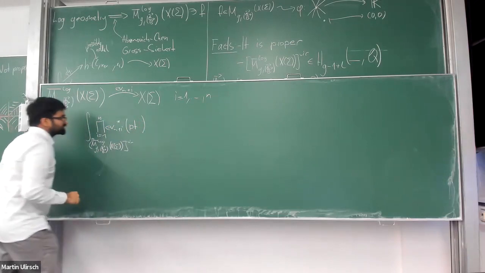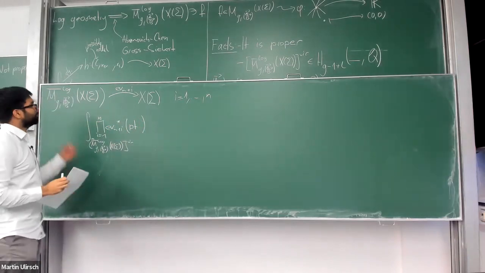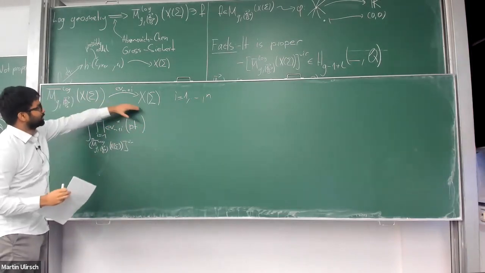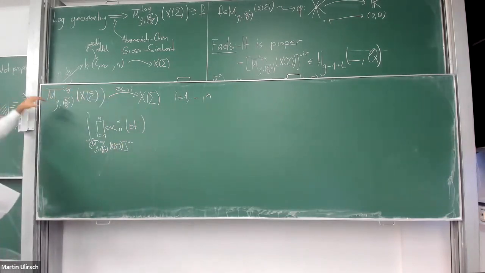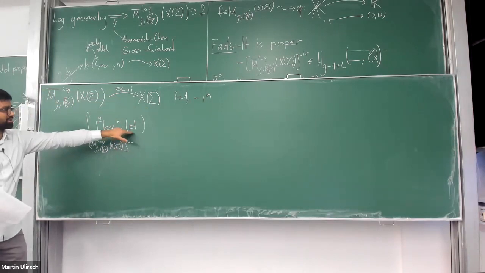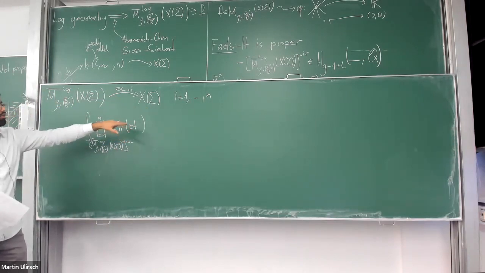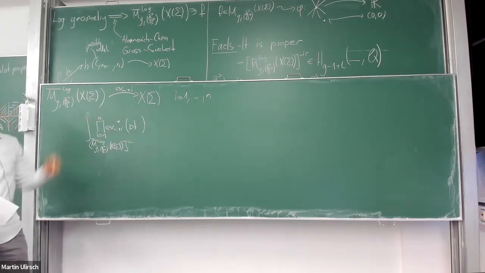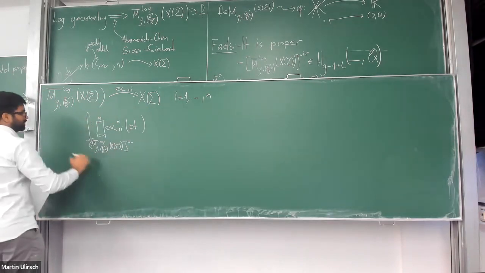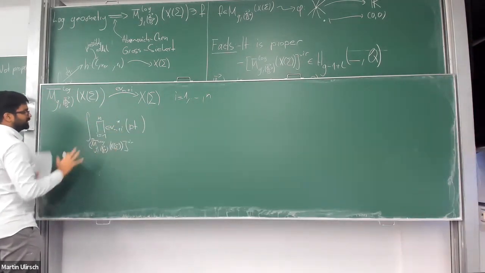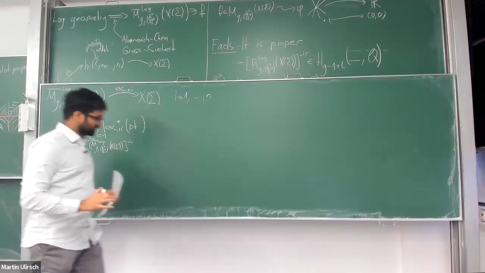The point class. So using these evaluation maps, I can pull back homology classes from the target, and I'm going to pull back the point class. By point class, I just mean the homology class corresponding to the point. Pull that back, intersect with the virtual class, and I get some numbers.